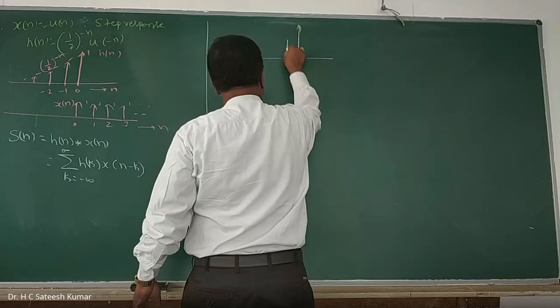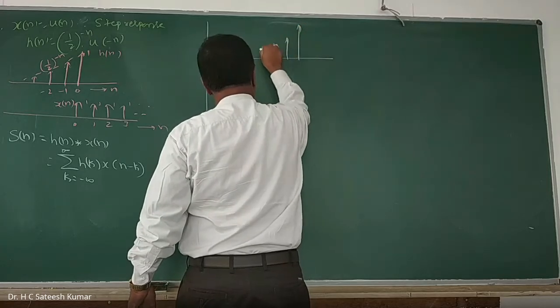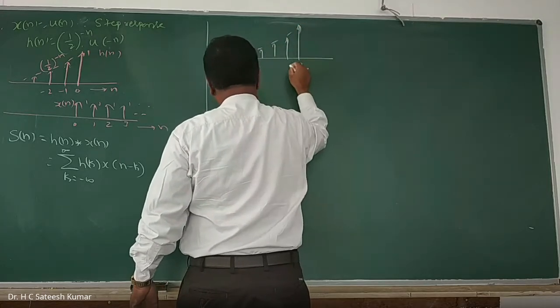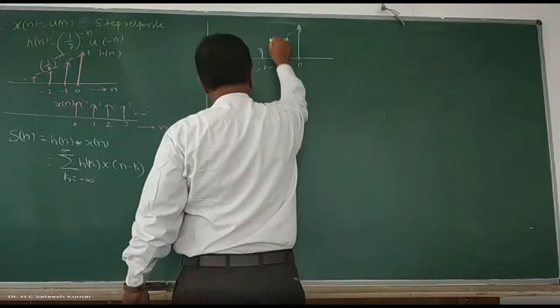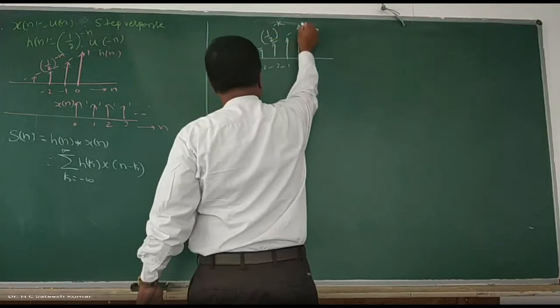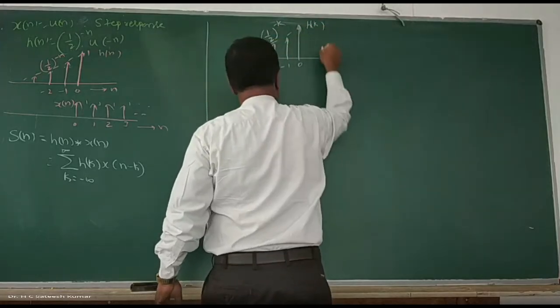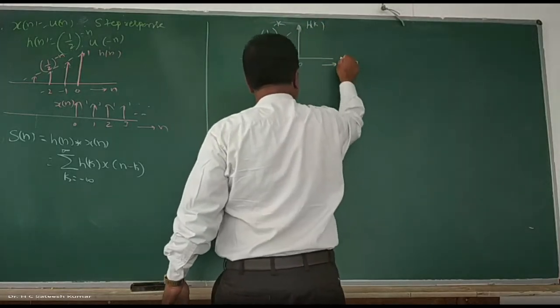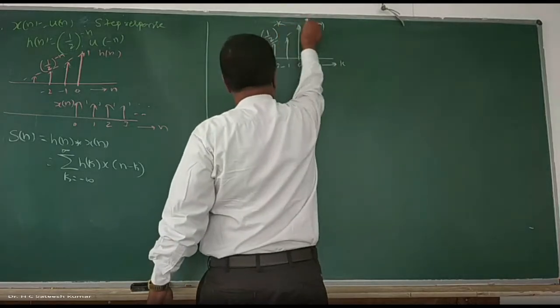And both of them are infinite. This is half to the power of minus k, and this is h of k, on the k axis. Wherever n is there, replace it by k.